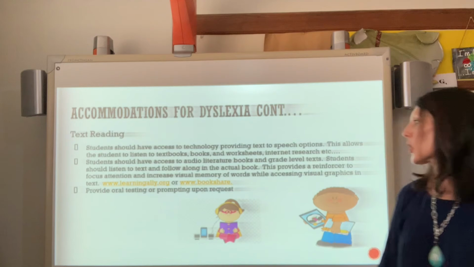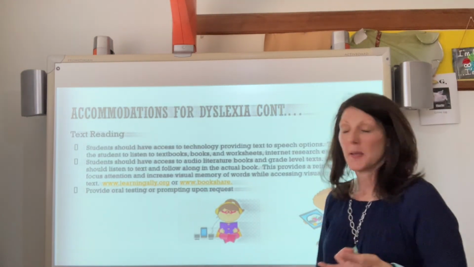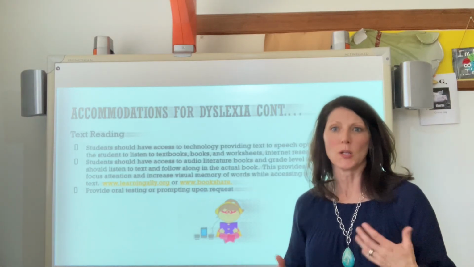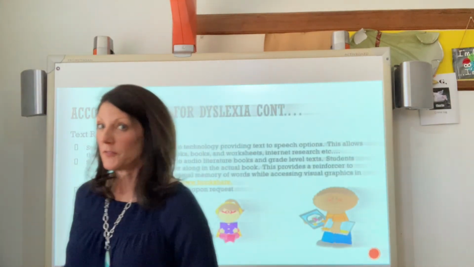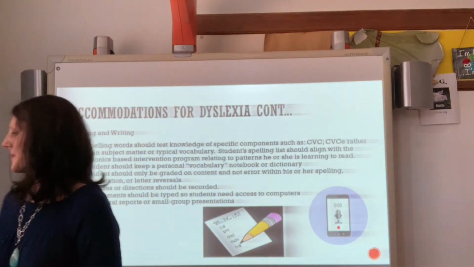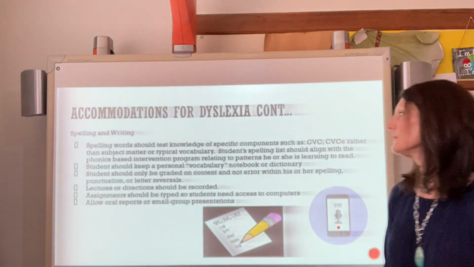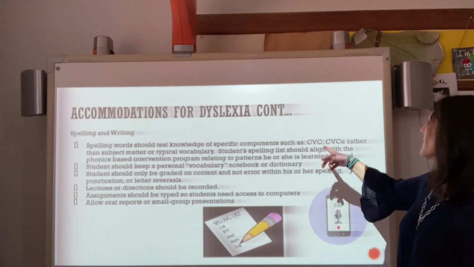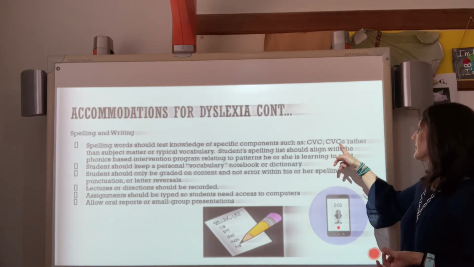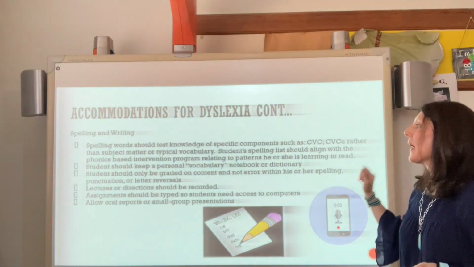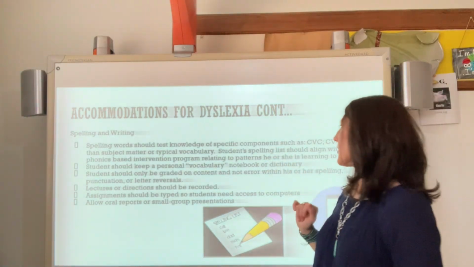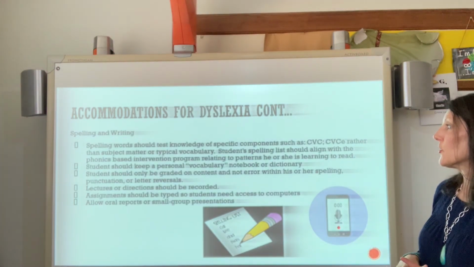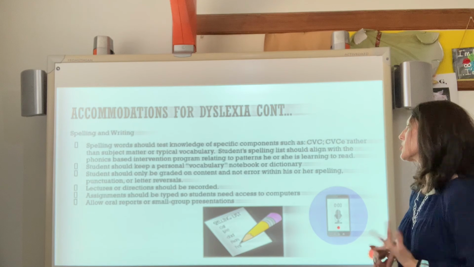Provide oral testing or prompting upon request, meaning if they need help with a word or pronouncing a word, that is very helpful. And spelling and writing. Spelling words should test knowledge of specific components such as consonant, vowel, consonant, and silent E, rather than subject matter or typical vocabulary. Student spelling lists should align with the phonics-based intervention program related to patterns he or she is learning to read.